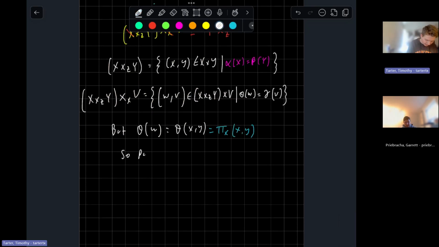So the pullback of x comma y is functionally y.